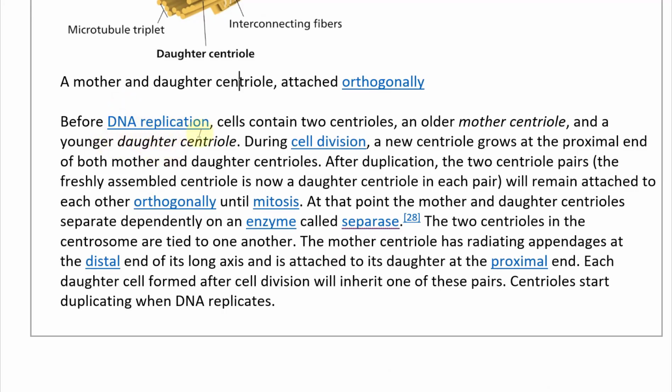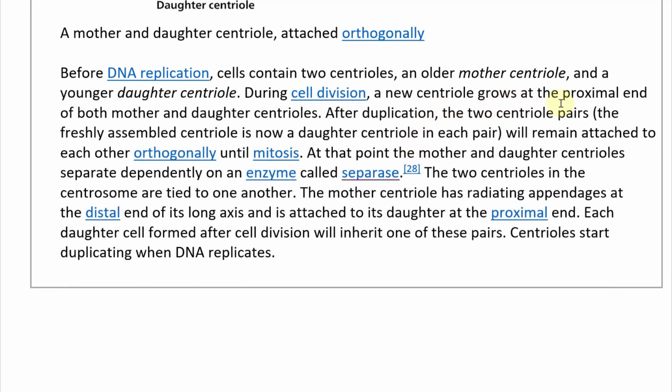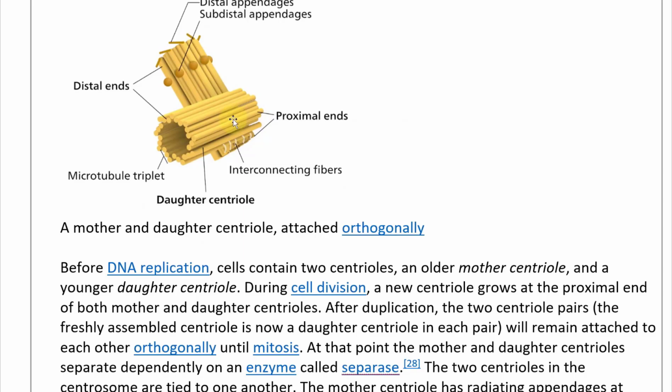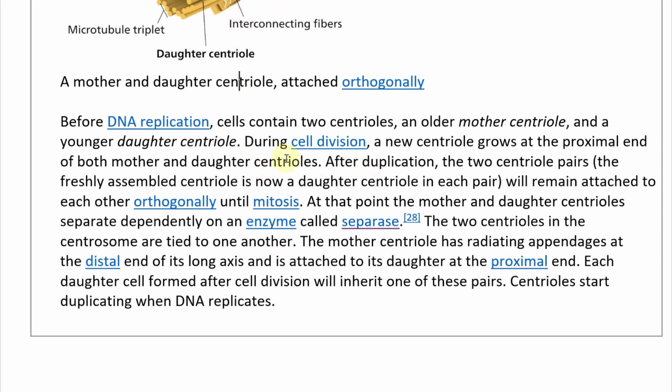So before DNA replication, cells contain two centrioles, an older mother centriole and a younger daughter centriole. During cell division, a new centriole grows at the proximal end of both mother and daughter centrioles. Proximal is this close by end where they're close together at this point. So another one grows there during cell division.